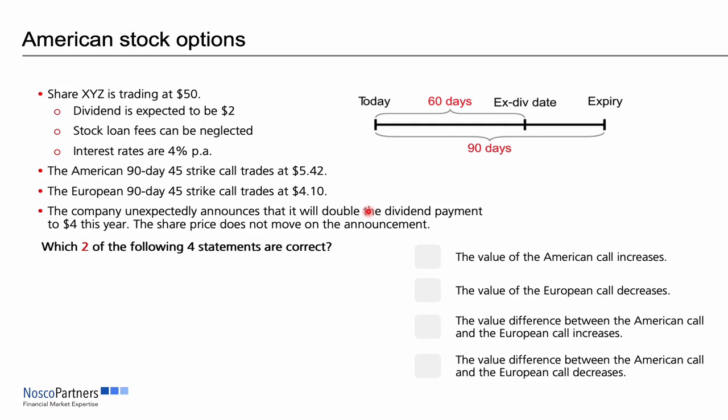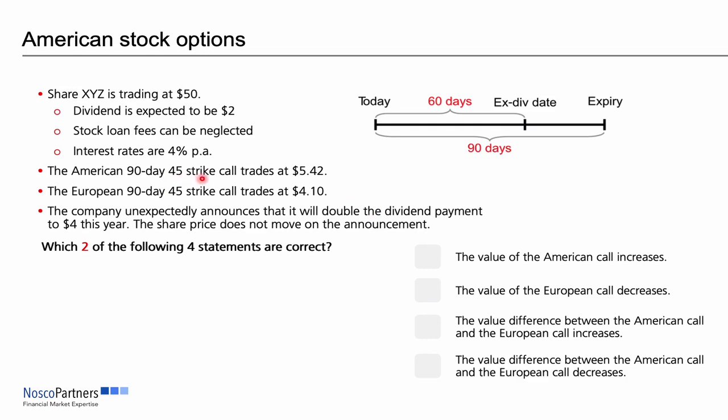And it's a very normal setting. So the stock loan fee is 0, we assume that it doesn't cost money to borrow the share. The interest rate on the US dollar is 4% per annum. Now we have a call option.